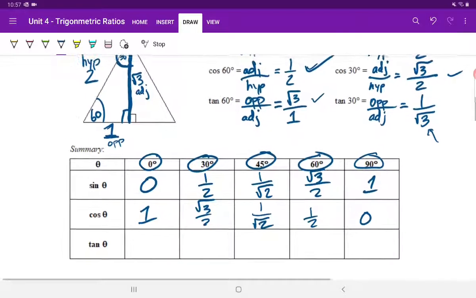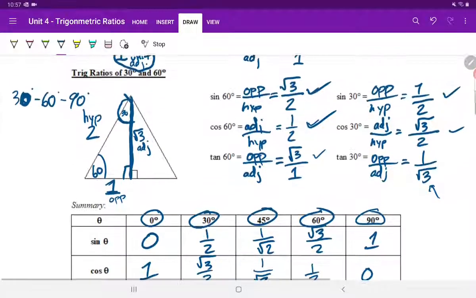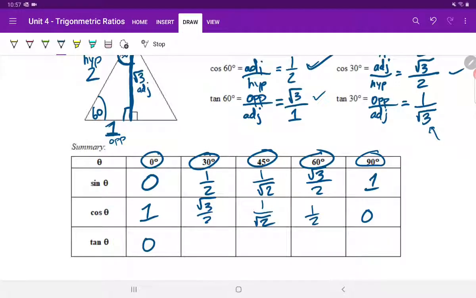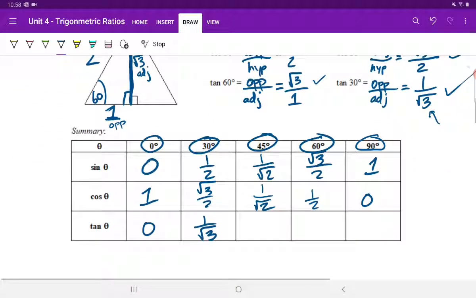Tan of theta. So let's start with tan of 0. Let's try that on our calculator. Tan of 0 is 0. Tan of 30 is 1 over square root 3. Tan of 45 is 1.